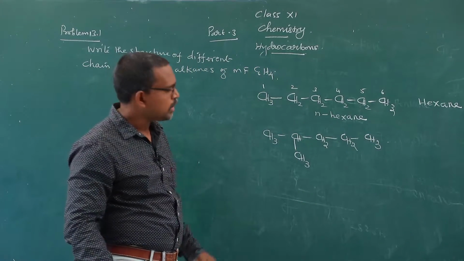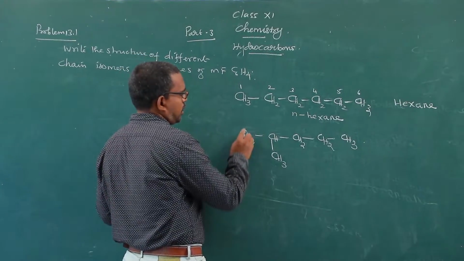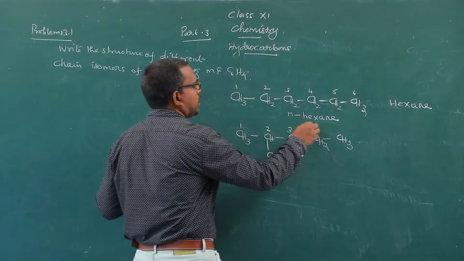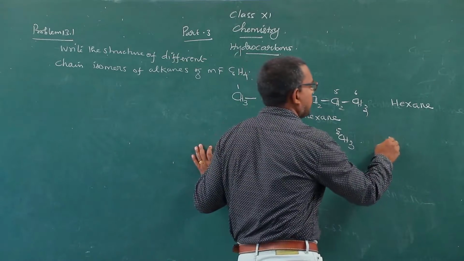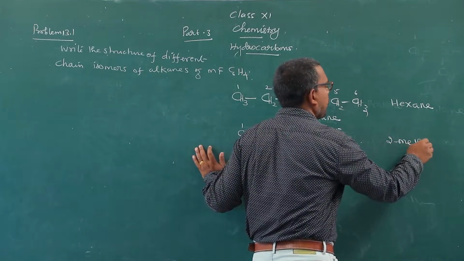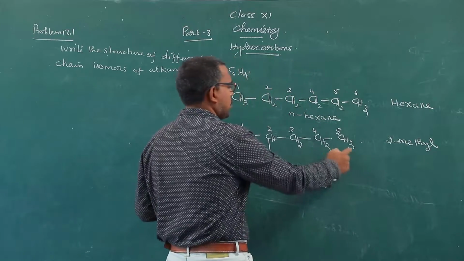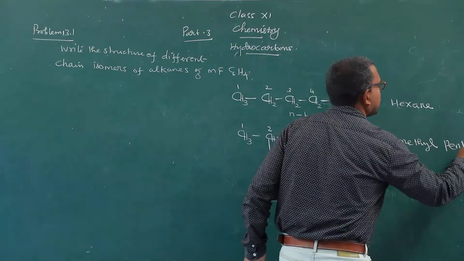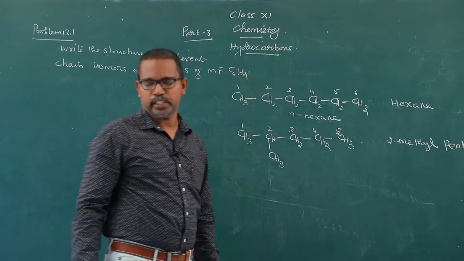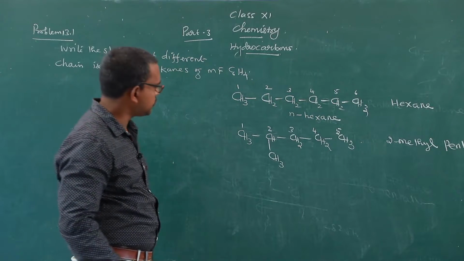Numbering the carbons 1, 2, 3, 4, 5, the methyl group is present at the second position, and the straight chain consists of 5 carbons. Therefore, 2-methylpentane.